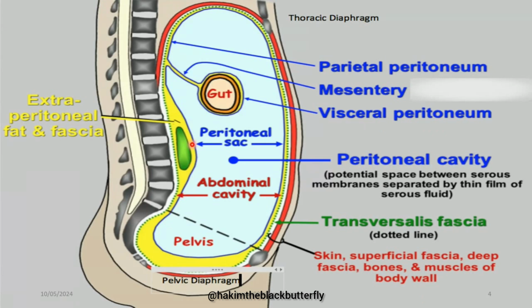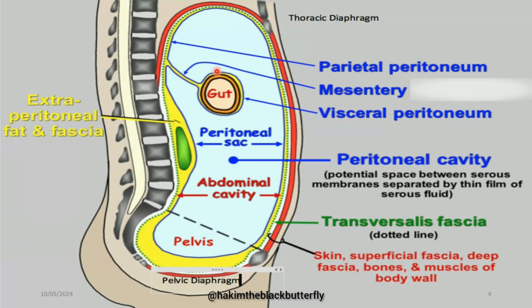As you can see here, it continues upwards to line the inside of the posterior abdominal wall. Our visceral peritoneum, we said it's going to extend posteriorly towards the abdominal wall, and that extension of the visceral peritoneum towards the posterior abdominal wall, we call it the mesentery.